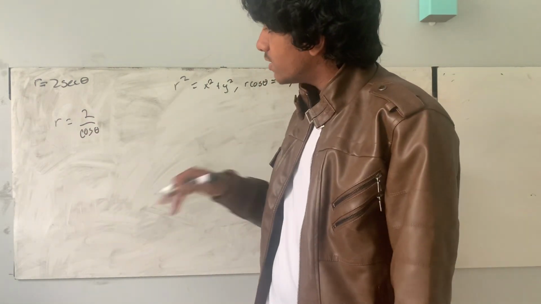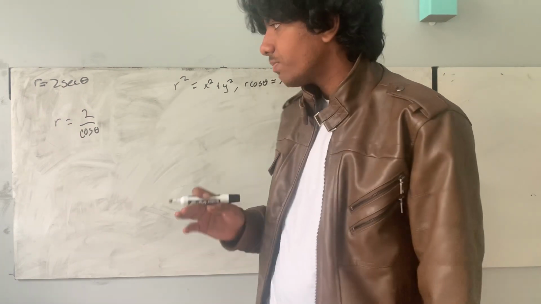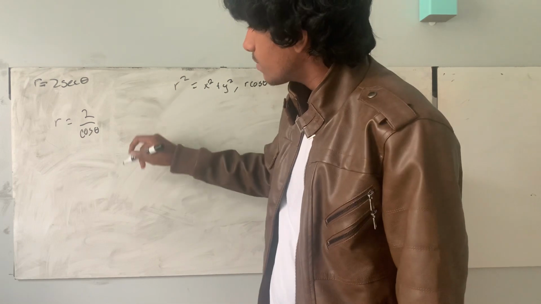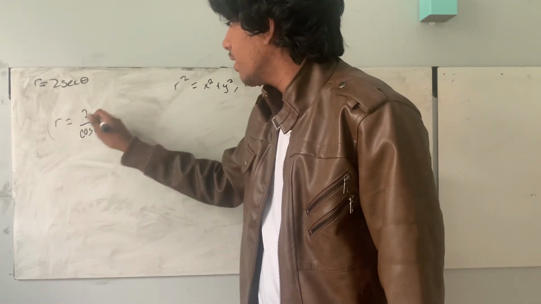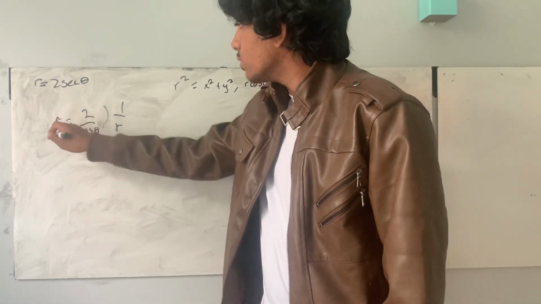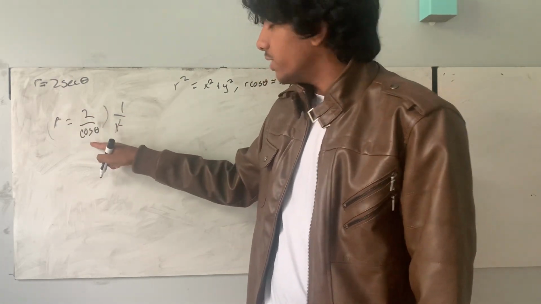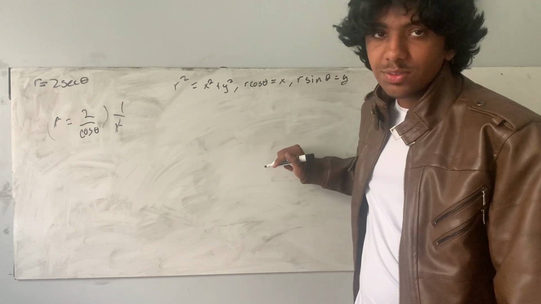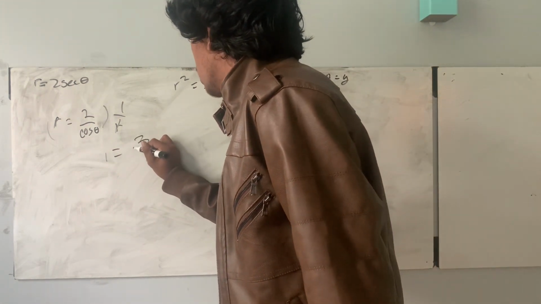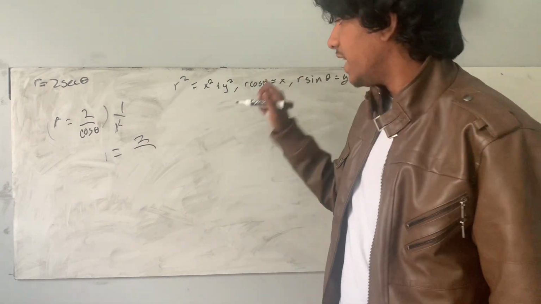And likewise, if I get rid of this r, I'm also done. I can do both in one sweep if I multiply the entire thing by 1 over r. If I do that, these r's will cancel out, and this r will come to this cosine theta, which I can later replace with an x. So I would get 1 equals 2 over r cosine theta, which is x.